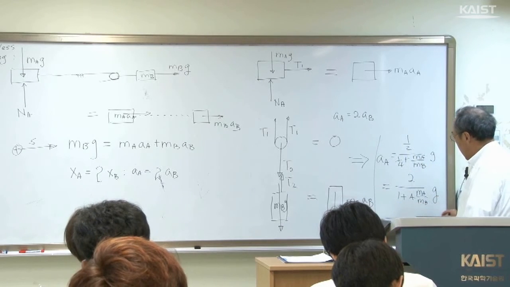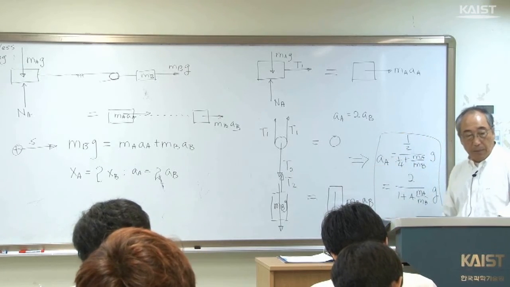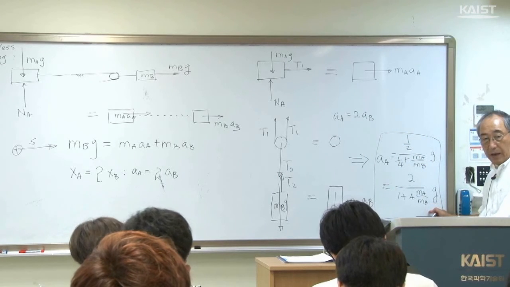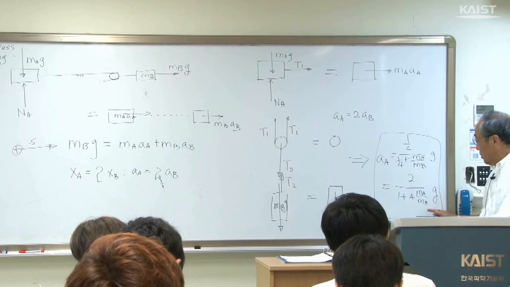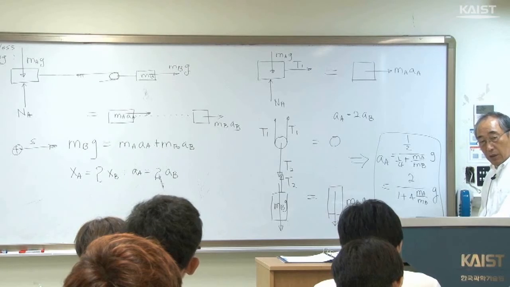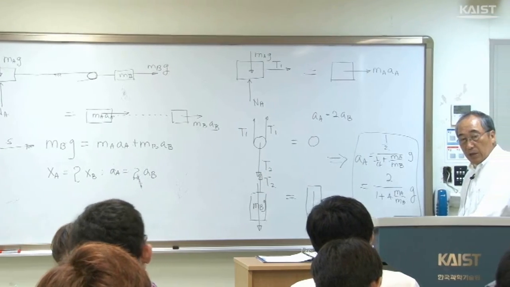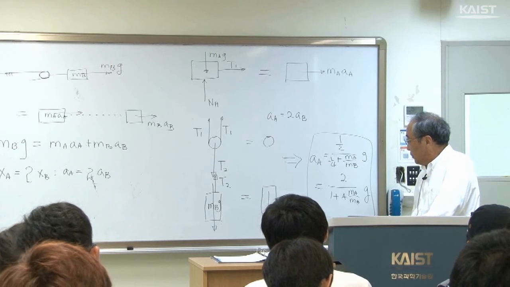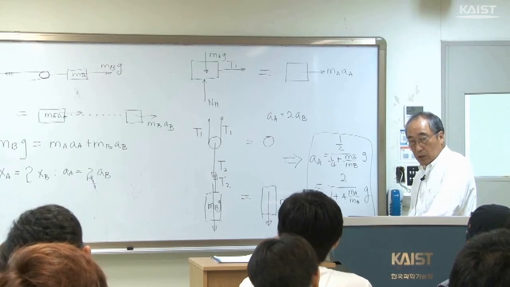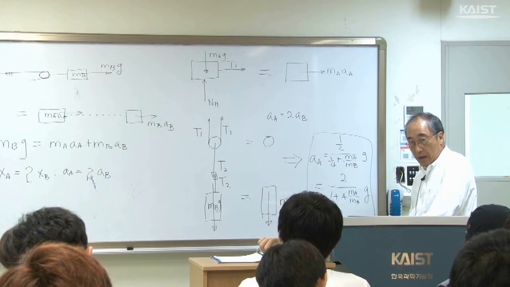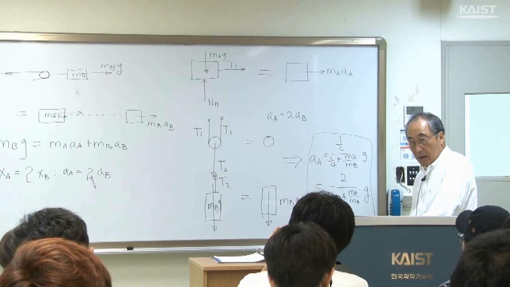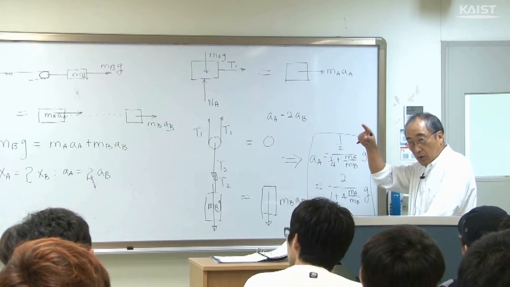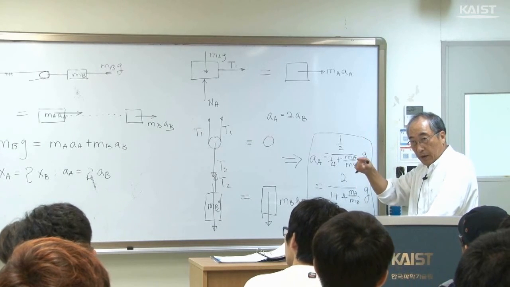Does it make sense? If MB is very, very large compared with MA, this ratio is 0. Therefore, the acceleration of A will approach what? 2g. Why? Because there are 2 cords wrapping the pulley.